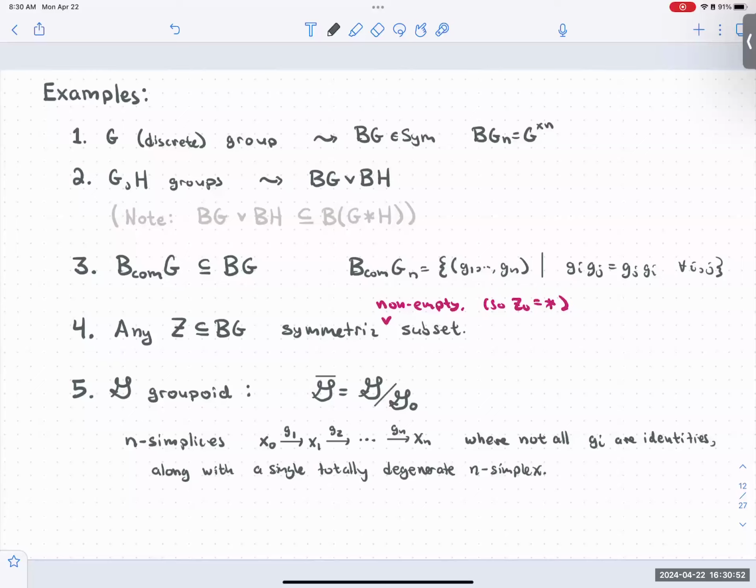I have to do it in every simplicial degree if I have one of those zero simplices and a degeneracy of it. So explicitly, the n simplices here are the n simplices of G where not all of the g_i are identities, and then you have a single element that represents all of the identities. So this is no longer a groupoid, but it is a partial group.